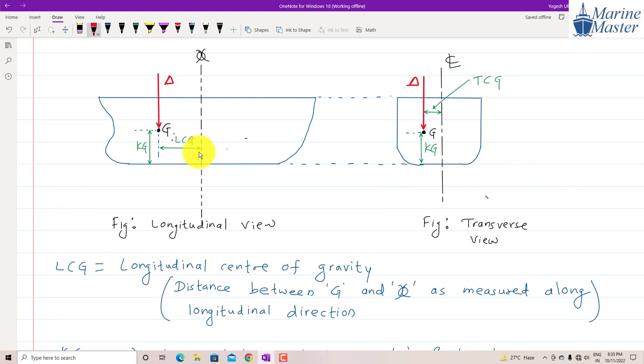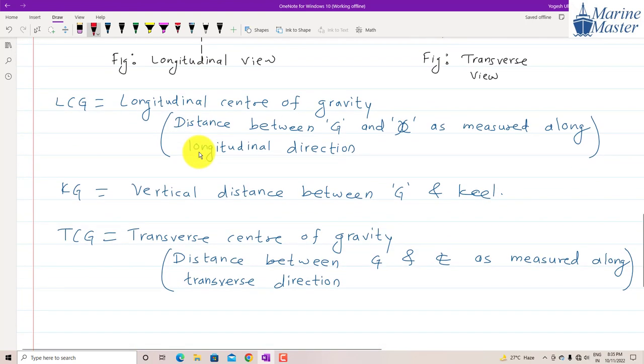After this, write down the meaning of LCG, KG and TCG. LCG means longitudinal center of gravity, the distance between G and midship as measured along the longitudinal direction. KG, the vertical distance between G and keel. And TCG means transverse center of gravity, the distance between G and center line.